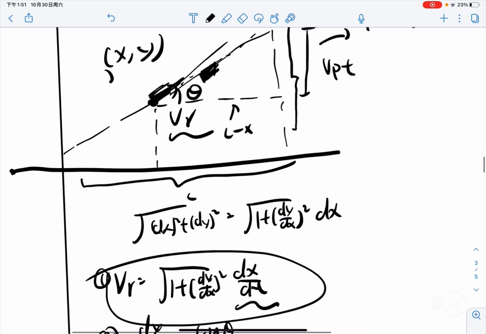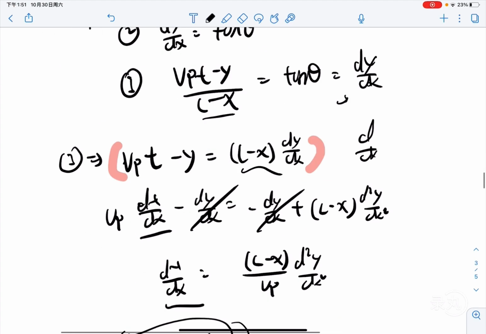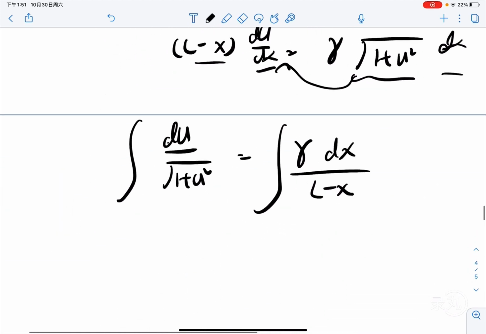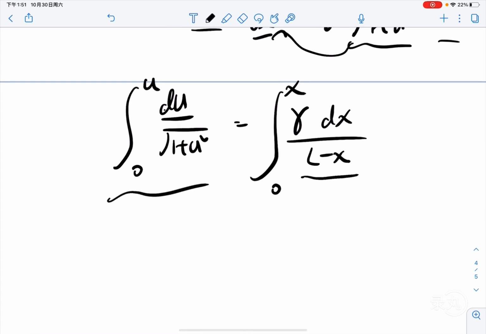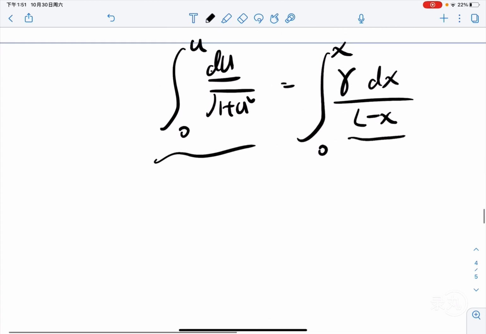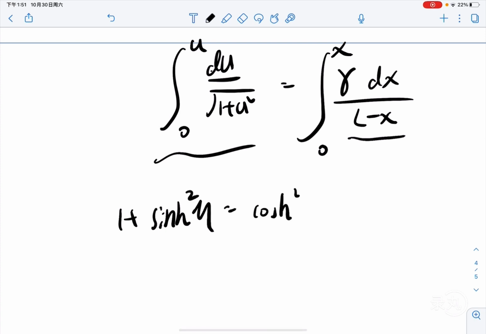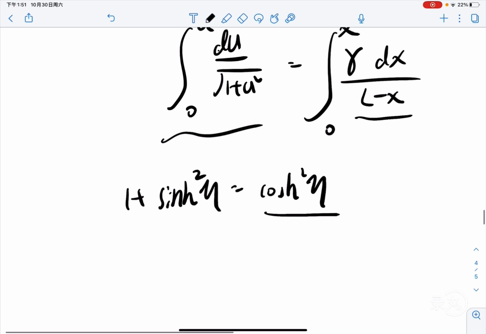And from the initial condition, we know the slope at the start is equal to 0 because it is aiming at that point. So basically, we integrate from 0 to u, and this one is 0 to x. And for this term, we can see that 1 plus sinh squared eta is equal to cosh squared eta.